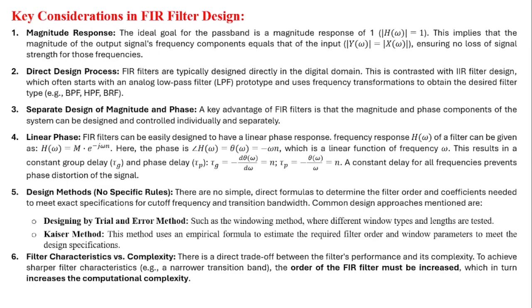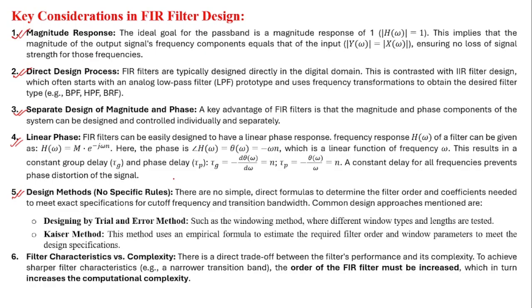Now when we design any kind of FIR filters, you have to have certain considerations in mind. The first consideration is the magnitude response. Second is direct design process. Third is separate design of magnitude and phase. Fourth is linear phase, and then we have the design method.